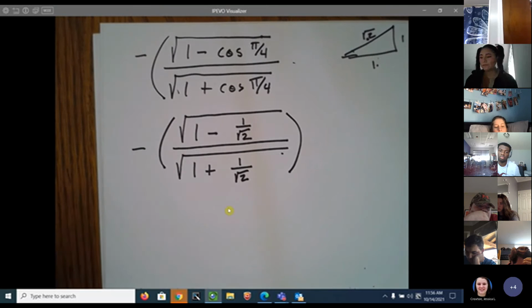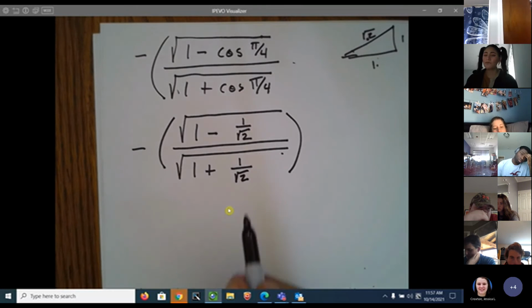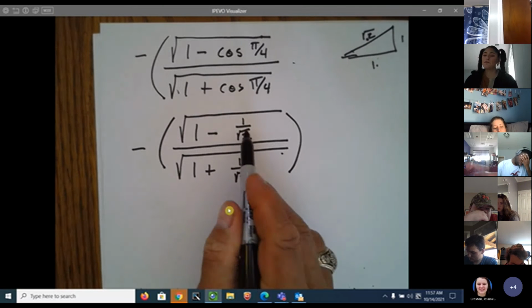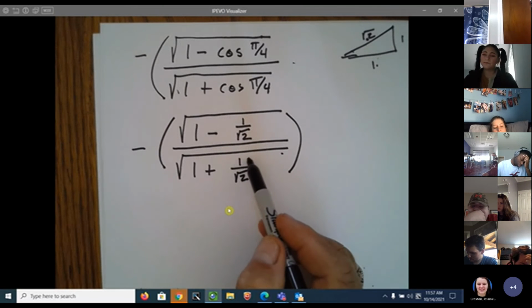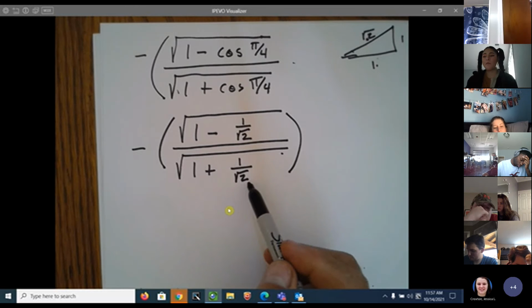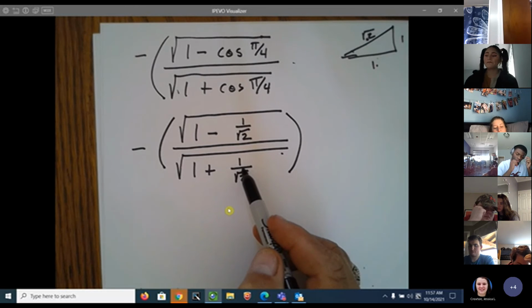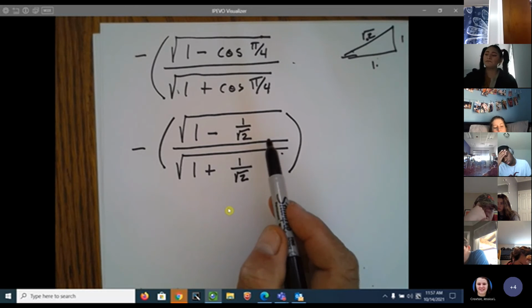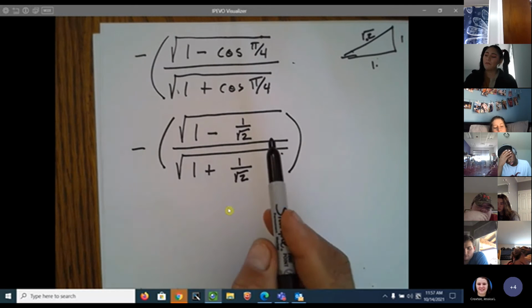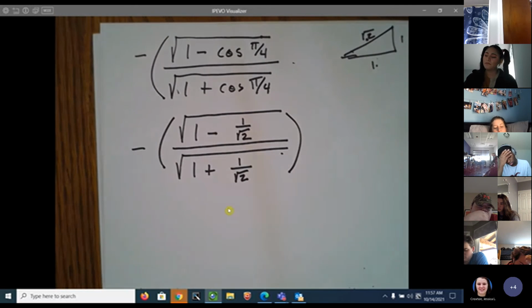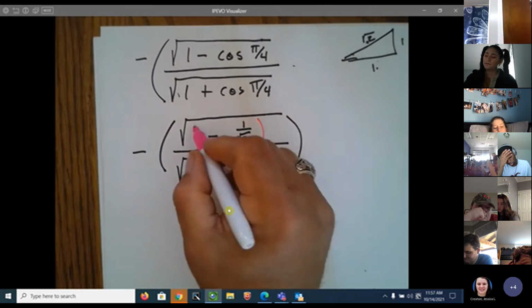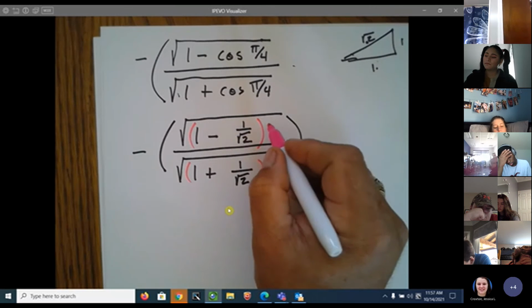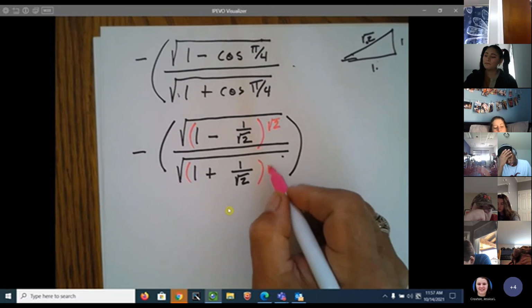I'm going to leave that square root of 2 there because I want to multiply through by the square root of 2 to get rid of the 1 over square root of 2. And I don't want to put the square root of 2 over 2; I don't want to rationalize it that way. So I'm going to multiply the inside right here by the square root of 2.